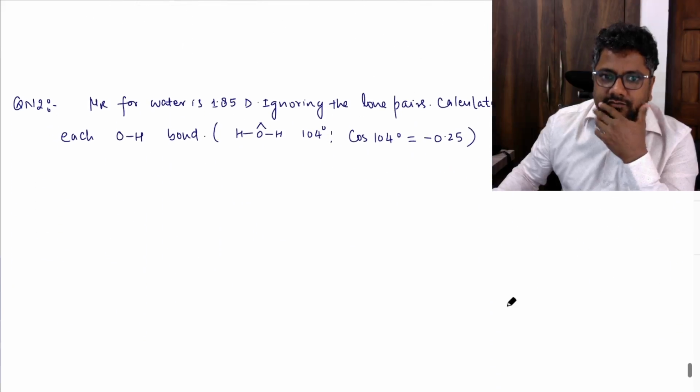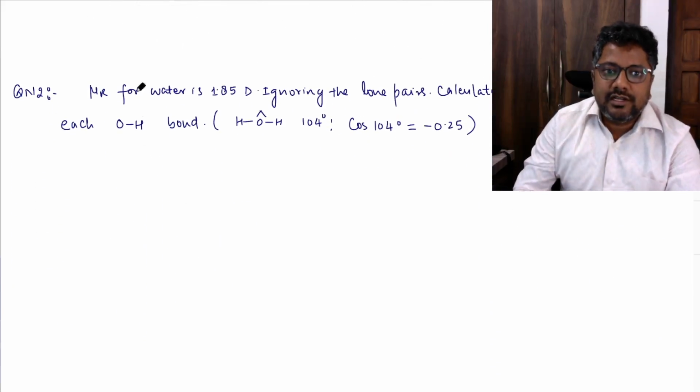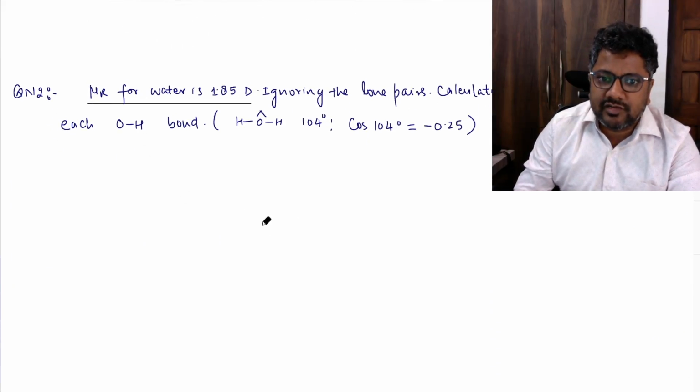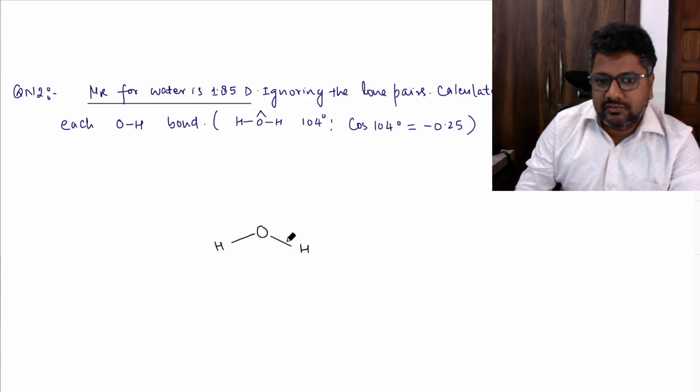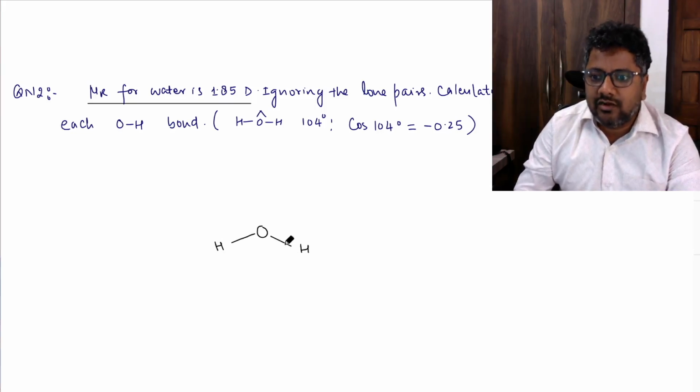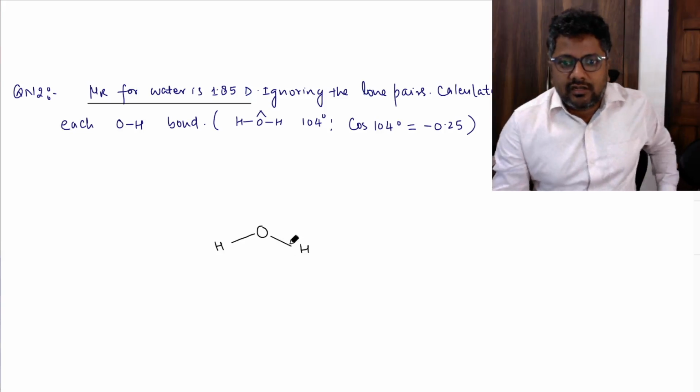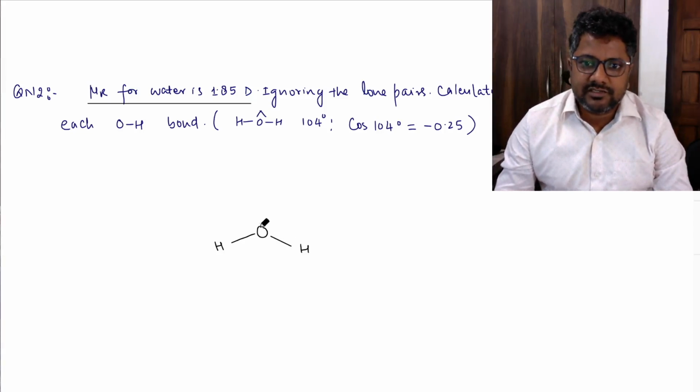Now see another question. Mu resultant of water is 1.85 Debye, ignoring the contribution of lone pairs. As we know the structure of the water molecule, you have to write it like this, because now all of you are aware of its structure.